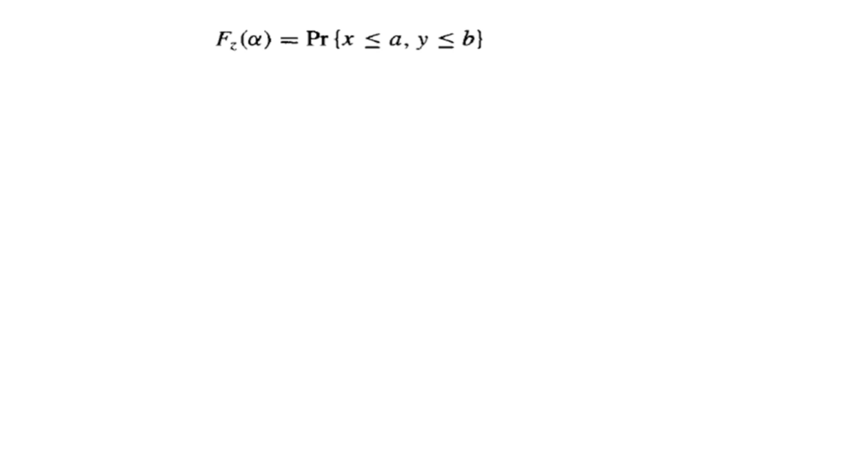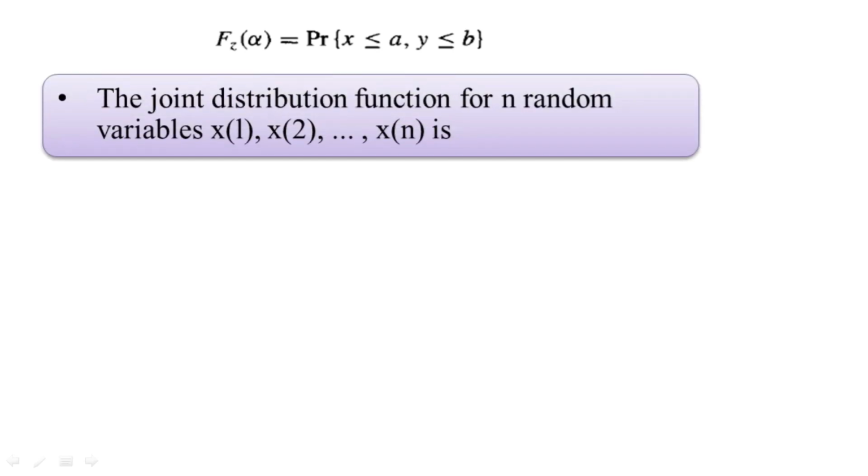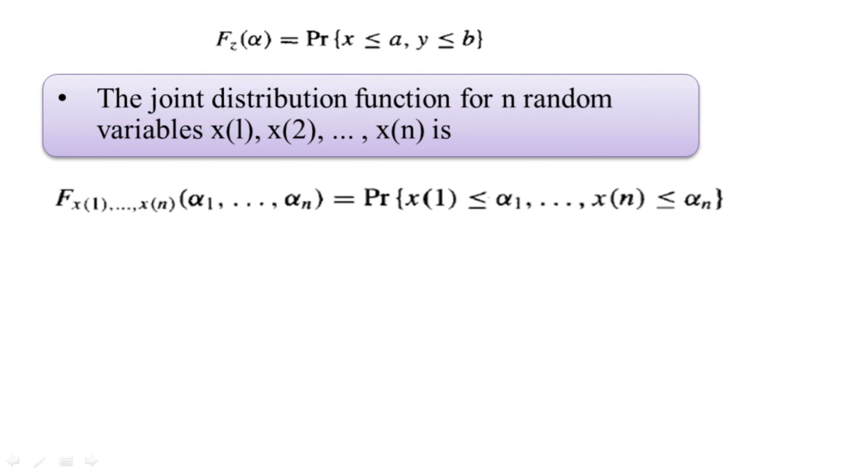In general, instead of having only two random variables, if we go for n random variables, the situation shall be the joint distribution function for n random variables in the sequence x1, x2, x3, up to xn. That time the formulation we have to make is like this.